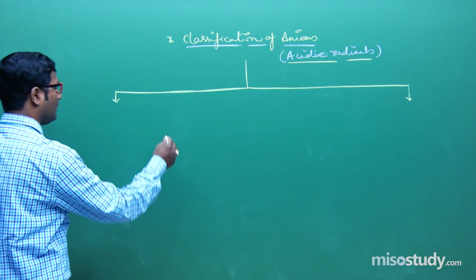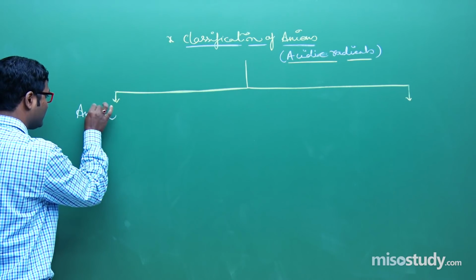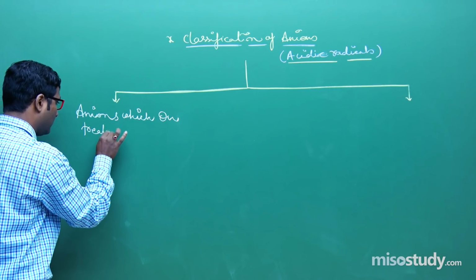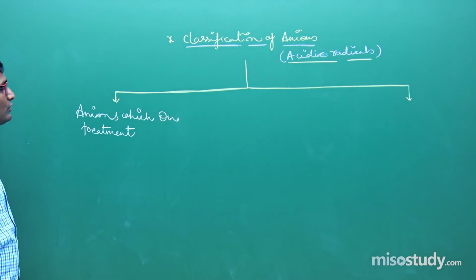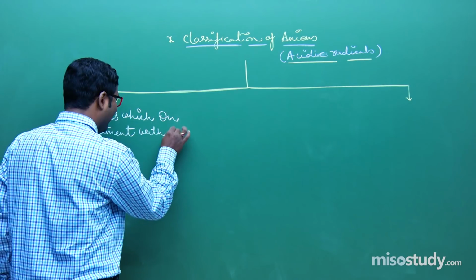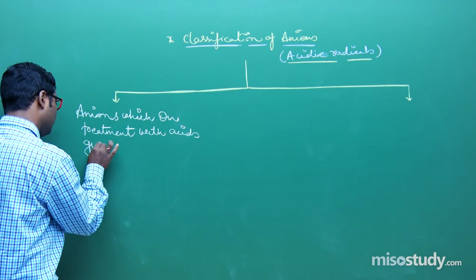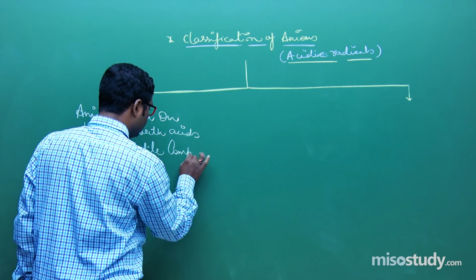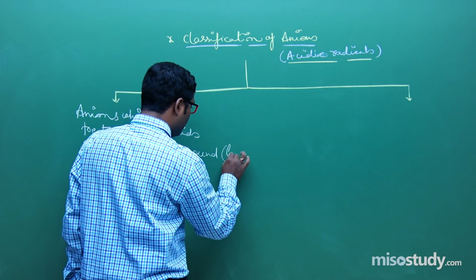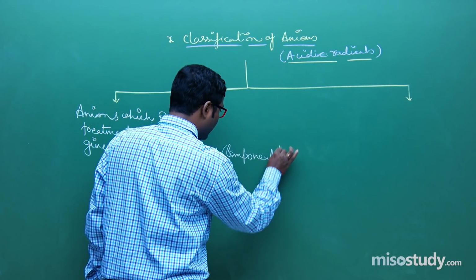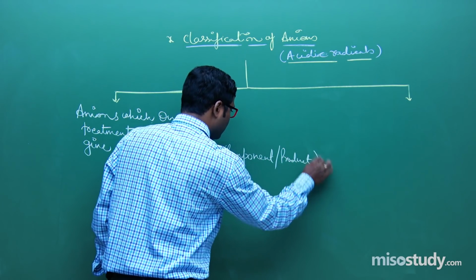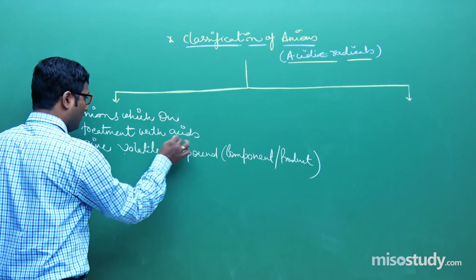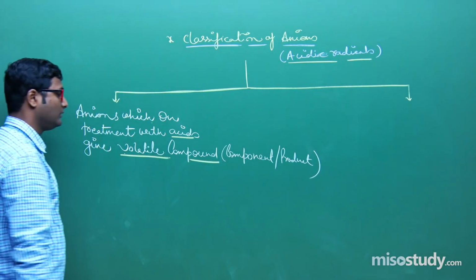The first one is anions which on treatment with acids give volatile compounds, or you can say volatile components, or volatile products. Clear? The first category is anions which on treatment with acids give volatile compounds.